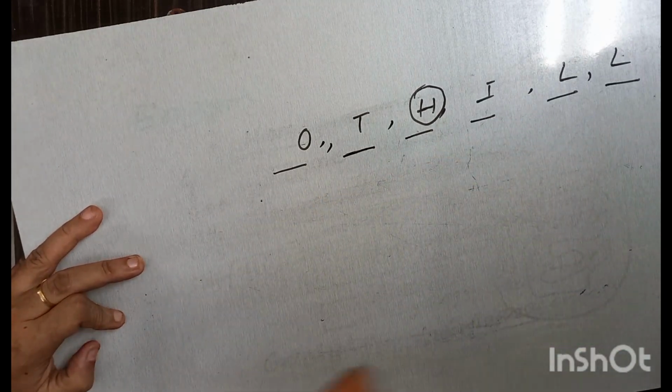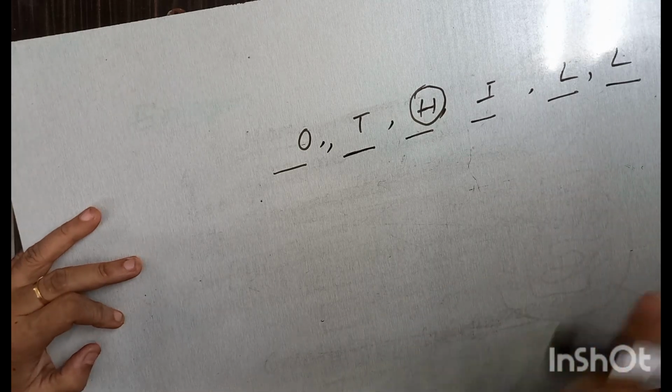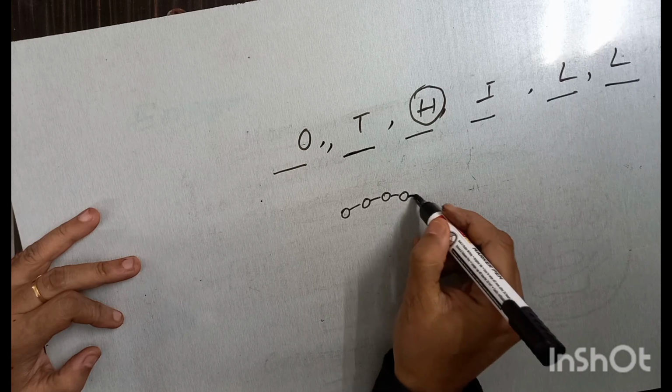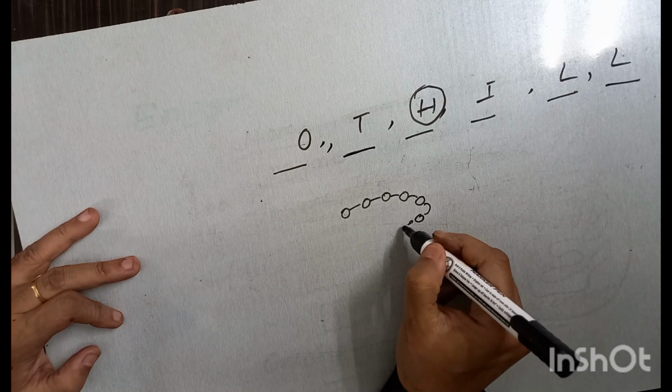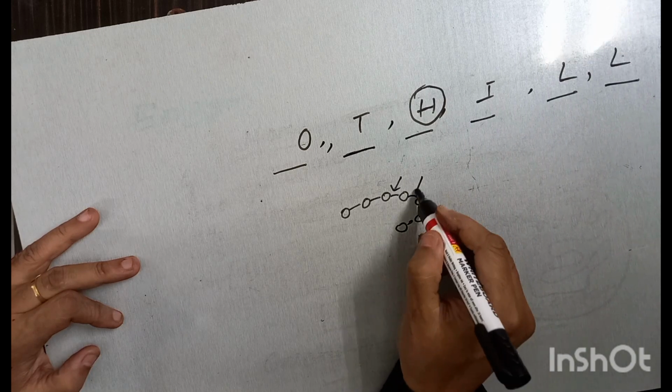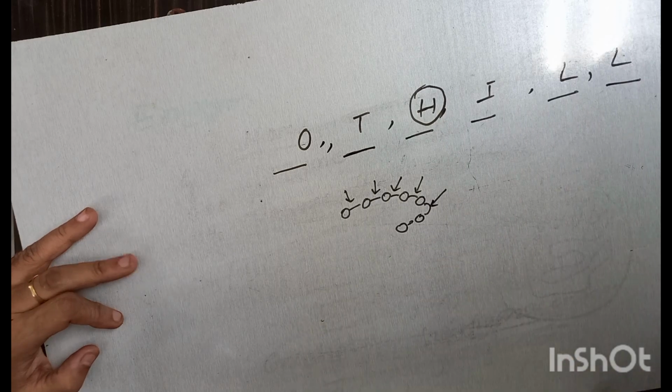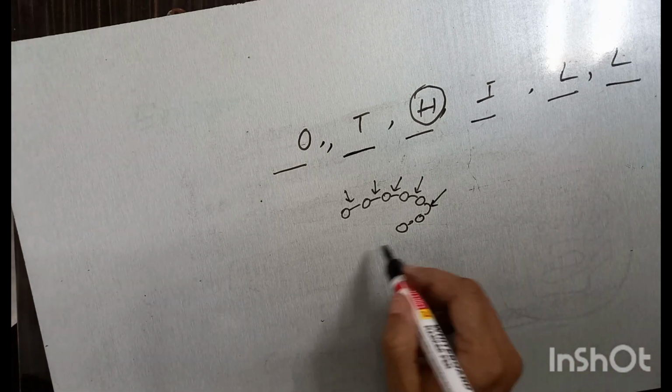Say I eat glycogen or starch, which has a huge number of glucoses linked by alpha 1,4 glycosidic bonds, and these glycosidic bonds are broken. These are the polysaccharides.